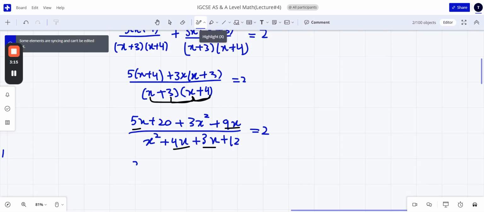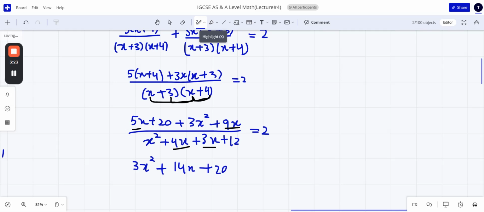So 3x squared comes first, and then 5x plus 9x becomes 14x plus 20, divided by x squared plus 7x plus 12, which equals to 2.